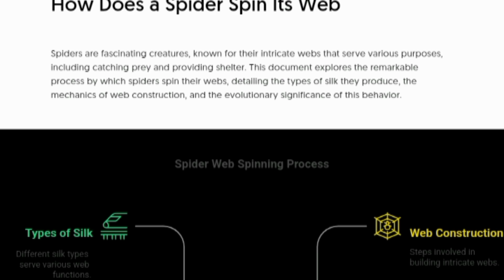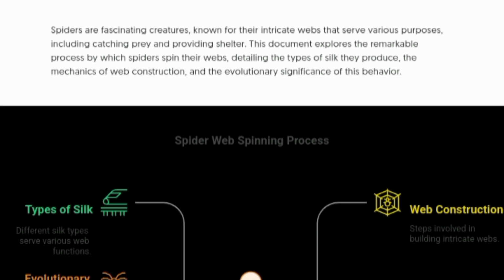Spiders are fascinating creatures known for their intricate webs that serve various purposes, including catching prey and providing shelter. This document explores the remarkable process by which spiders spin their webs, detailing the type of silk they produce, the mechanism of web construction, and the evolutionary significance of this behavior.